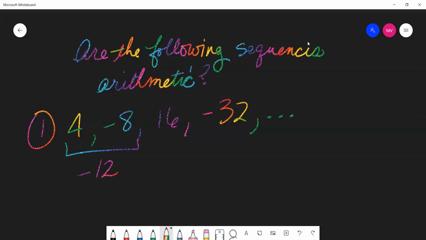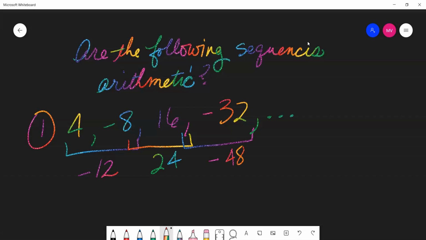-12, right? You went from a 4, you went down, so it's negative, and you went down 4 until you got to 0, and then you went down another 8. So it's 8 + 4, which is negative, so -12. But then what's the difference between -8 and 16? 16 + 8, so +24 because we moved in the positive direction. And then the difference between 16 and -32? It's 32 + 16, but negative because you got smaller, so it's 48.